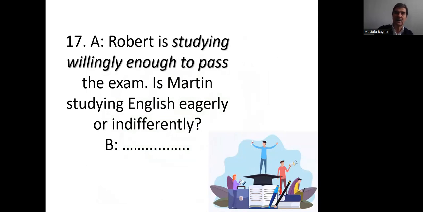So Martin is studying English indifferently. If we put too, for example, unfortunately, Martin is studying English too indifferently to learn. So according to this situation, Martin will not learn English, but Robert will learn English, will acquire English.